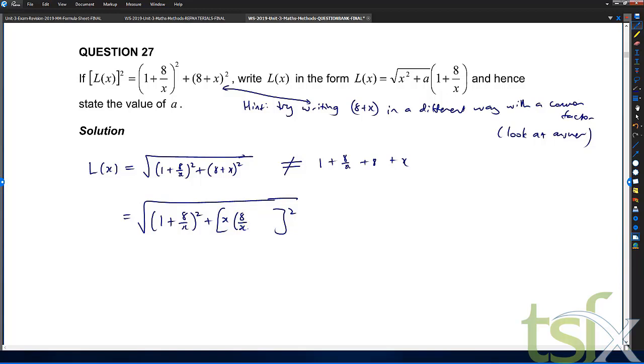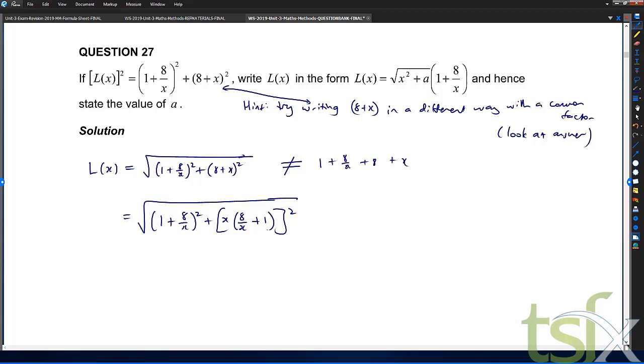If you multiply x by 8 on x, you get 8. So it's not an obvious common factor, but it's a factor. And x times what gives you x? Well, 1. Can you see what that reveals? Now this 1 plus 8 on x bit is making more of an appearance. The clue in the question was they've made this a pretty big deal, so maybe go looking for that.